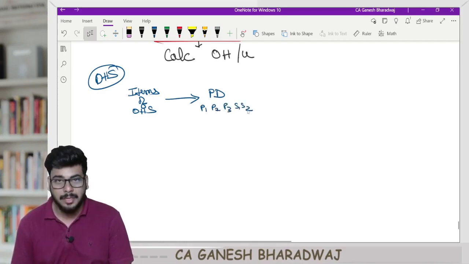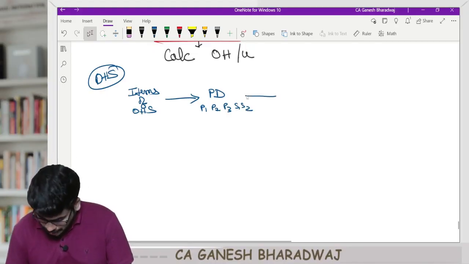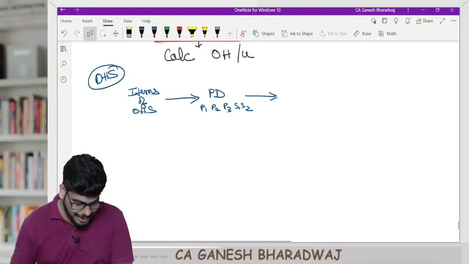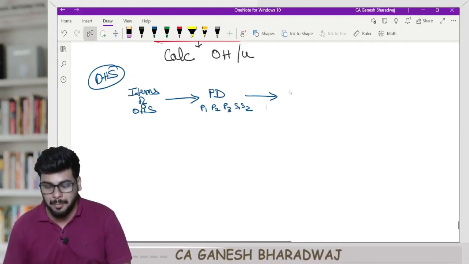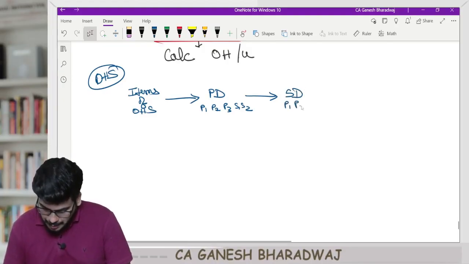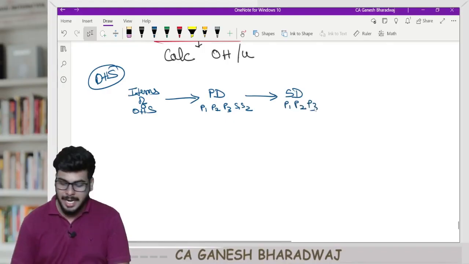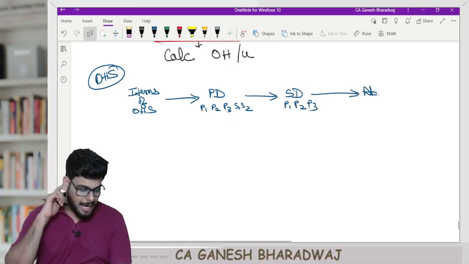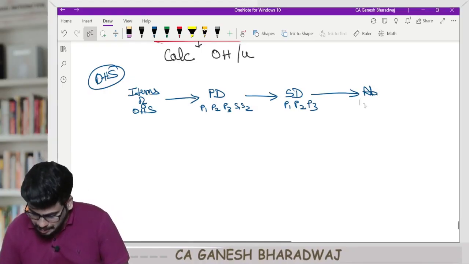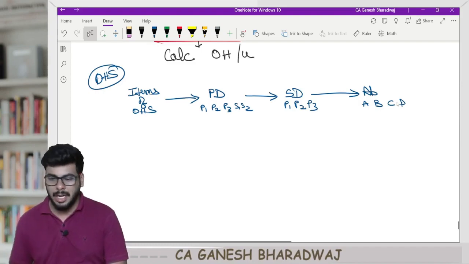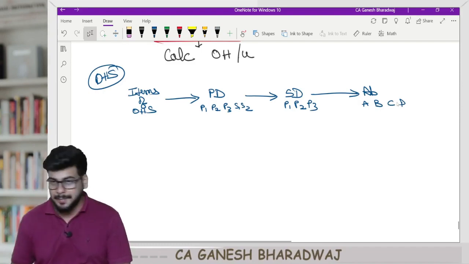Then the service department overheads were redistributed back to the production departments. That was done under the secondary distribution. At the end of secondary distribution, you had only P1, P2, P3. And finally, we did absorption, and we calculated the overhead cost per unit of the products A, B, C, D, etc. Clear with this? This is what we did.